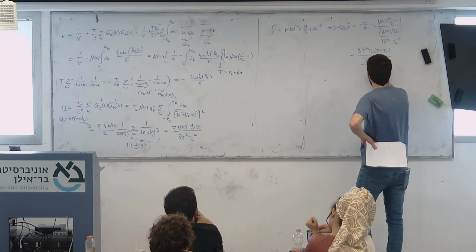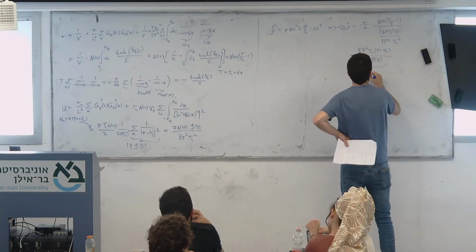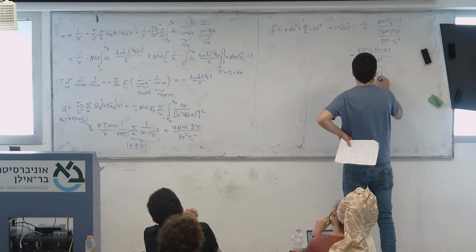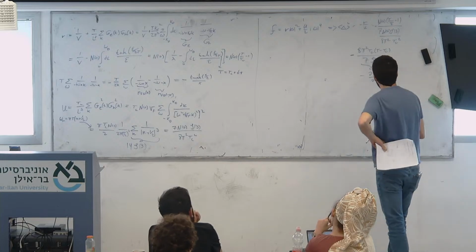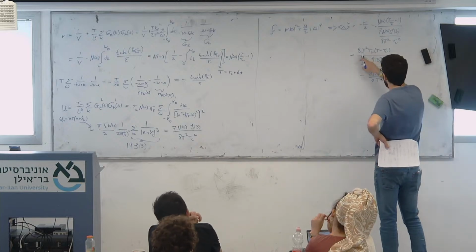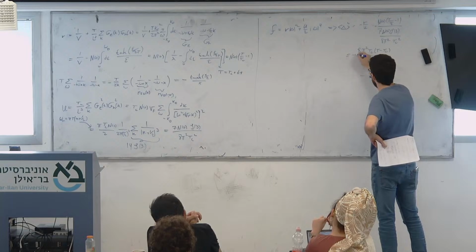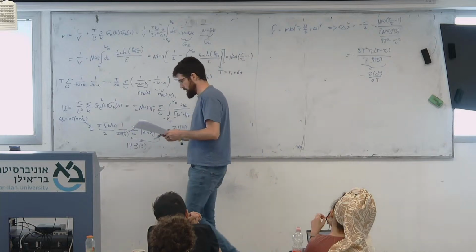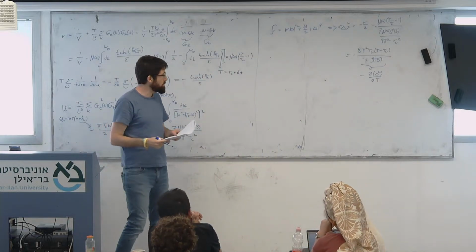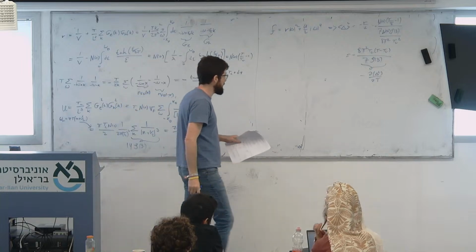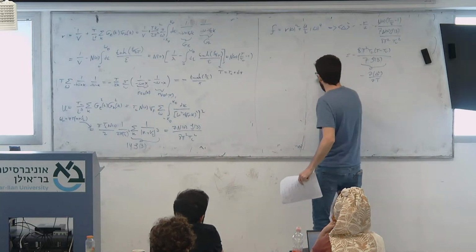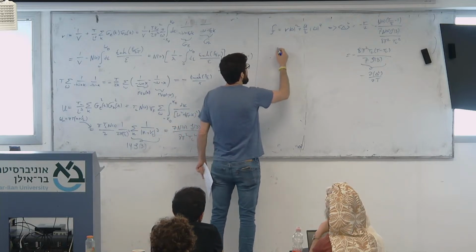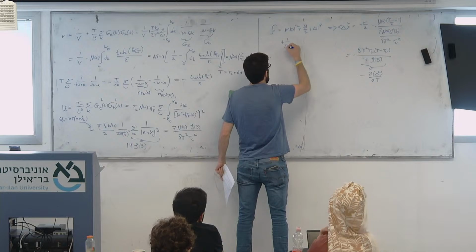And if you look backwards, I claim that this is minus d delta squared over dT at Tc, was this part: 8 pi squared Tc divided by 7 zeta of 3. So you can look it up. So that gives us the specific heat jump. This closes. Now the last thing I want to do is the 1 over 2 eta. So we had, in addition to that, 1 over 2 eta.